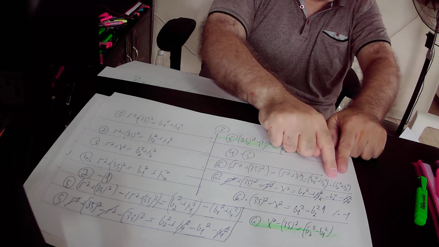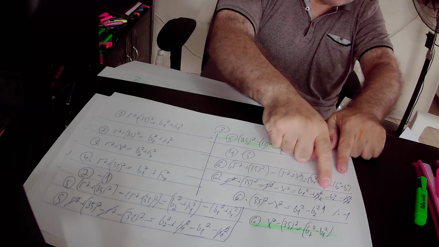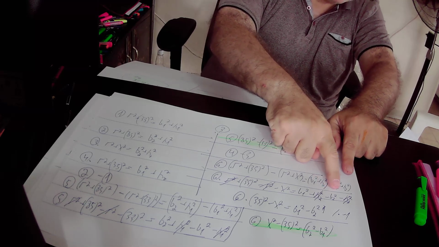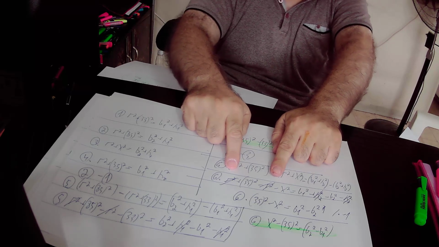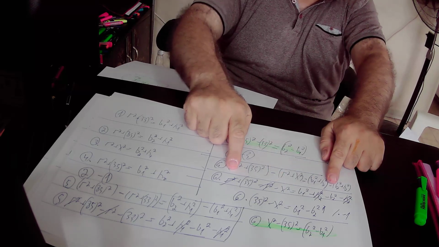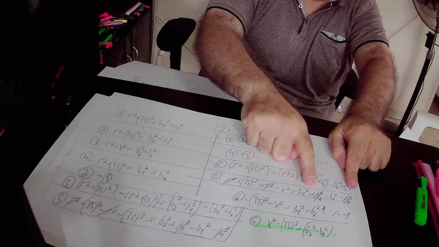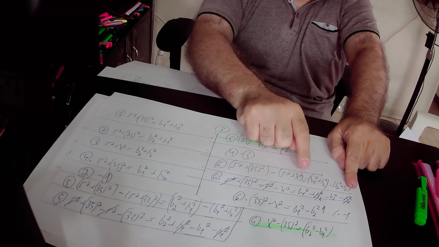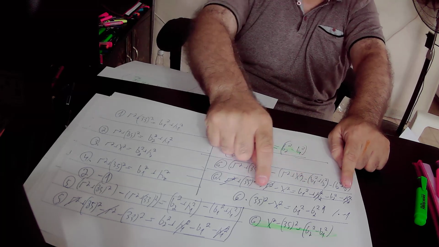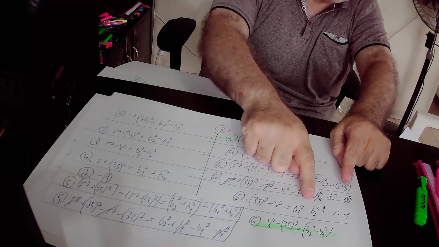We open the brackets, we have minus before the bracket, so it will come to minus b2 square minus h2 square. Here we have r square minus r square is 0, so r square will get cancelled, and h2 square minus h2 square is 0, so h2 square will also get cancelled, and we left only the 35 square minus x square, that is equal to b1 square minus b2 square.